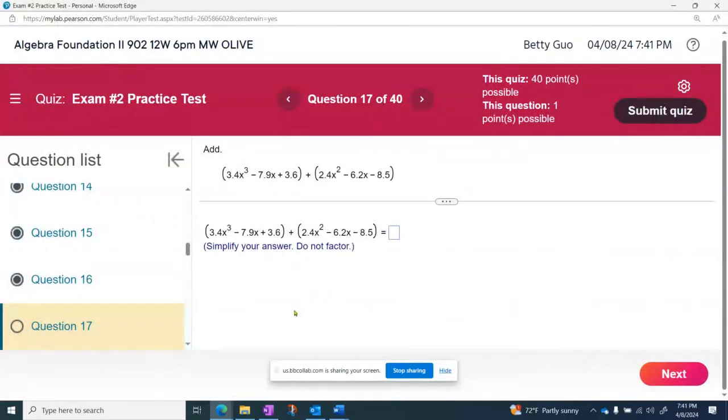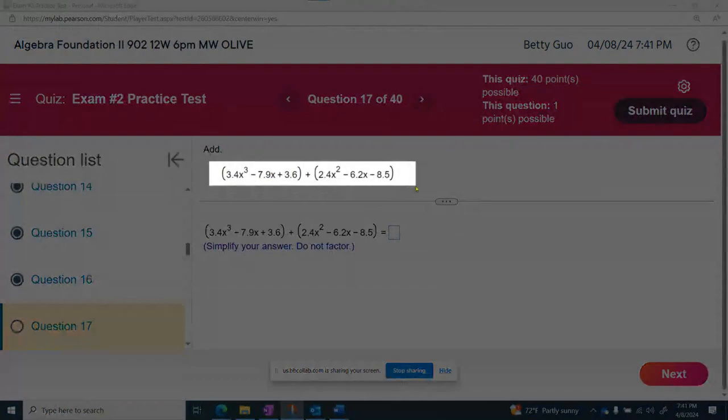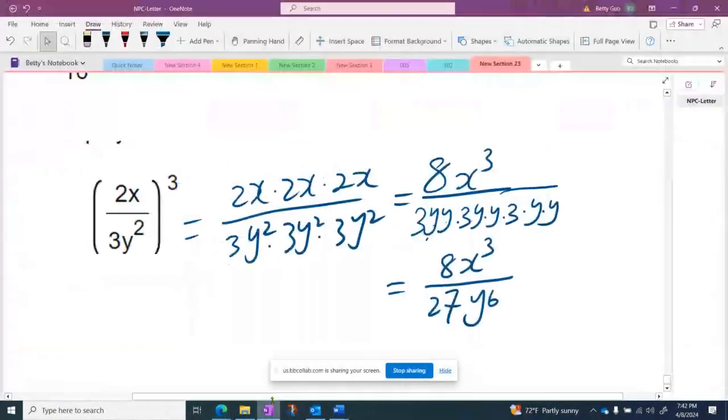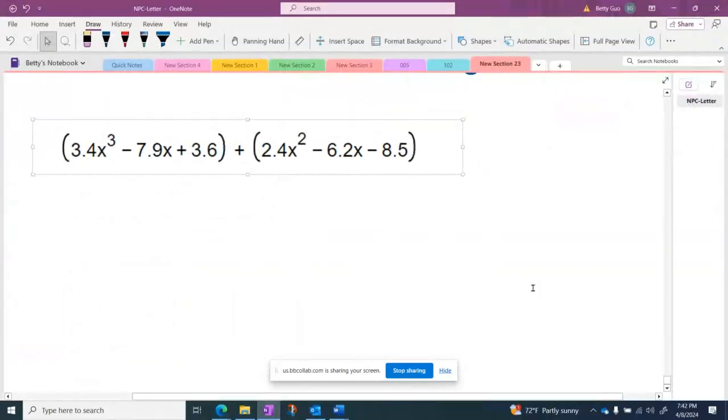Add, okay, adding with decimals. Then you use a calculator, right? I do not mind you using a calculator. Let me observe and figure out a way. Okay, I'm going to use the horizontal method.